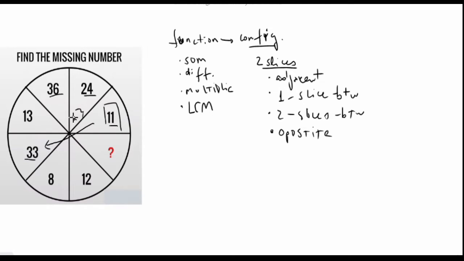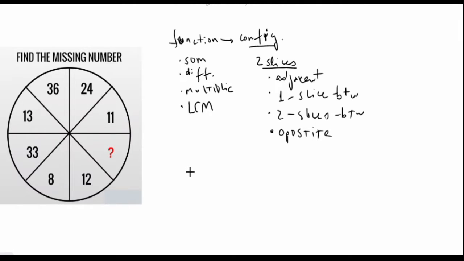If we search for this pattern in other slices, we will verify that it happens again. 12 multiplied by 3 is equal to 36, and 8 multiplied by 3 is 24.